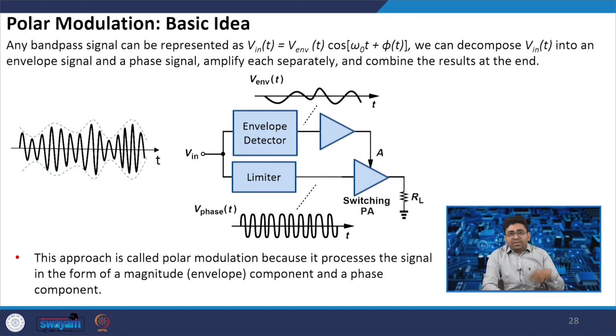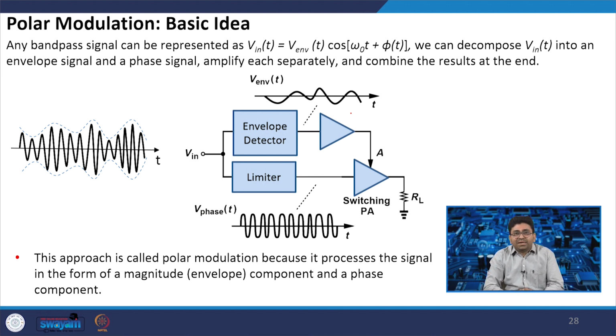There is another method by which we can improve the nonlinearity in the power amplifier. What we can do is polar modulation, where we change the phase and amplitude envelope, and then we try to change the amplitude of the power amplifier with the envelope.